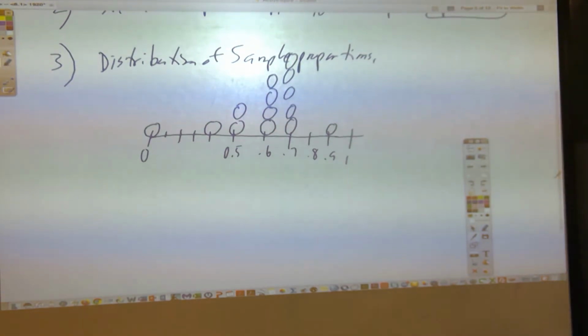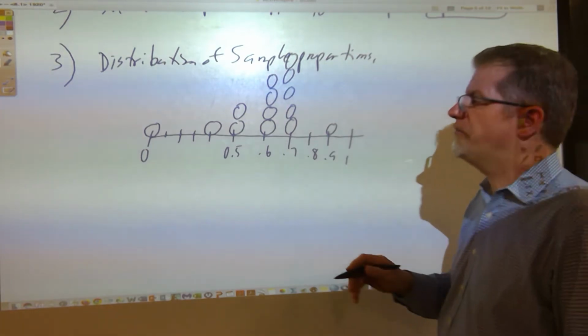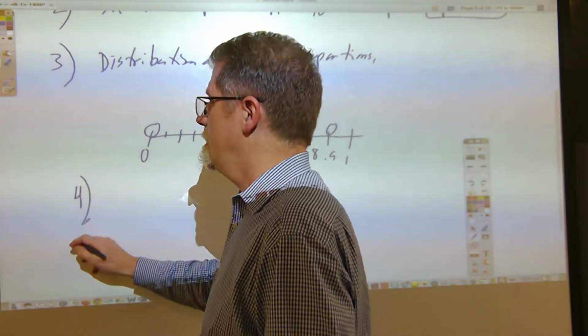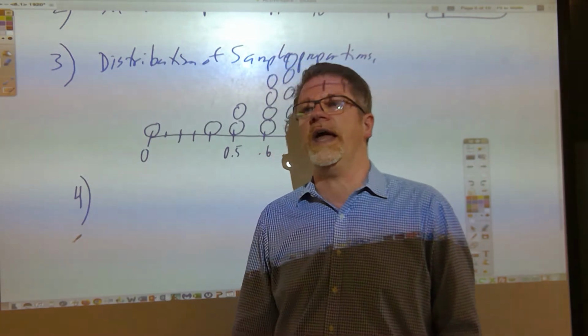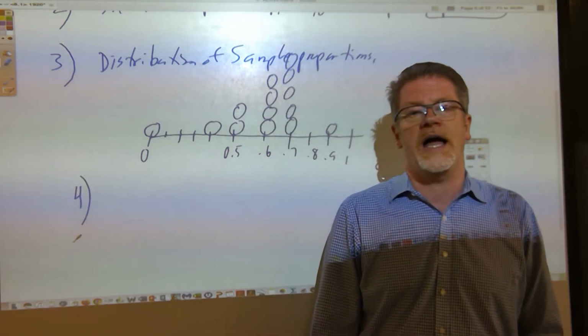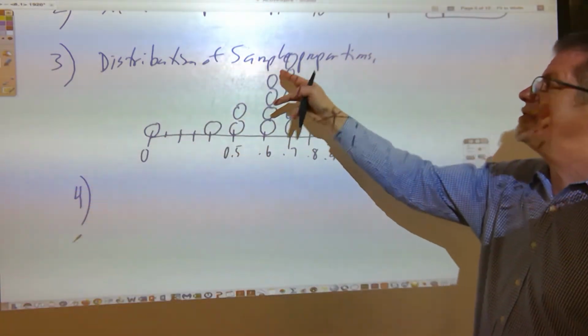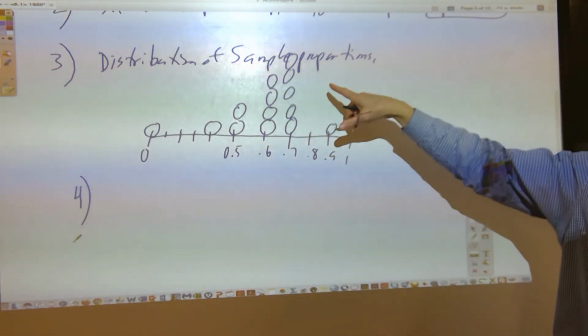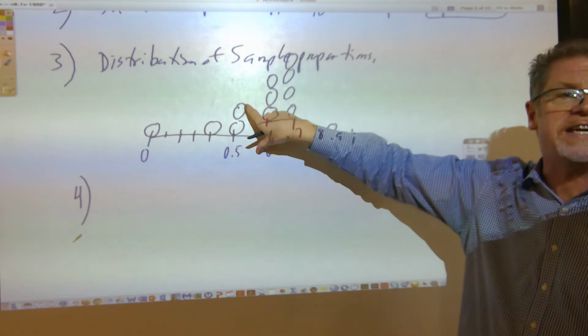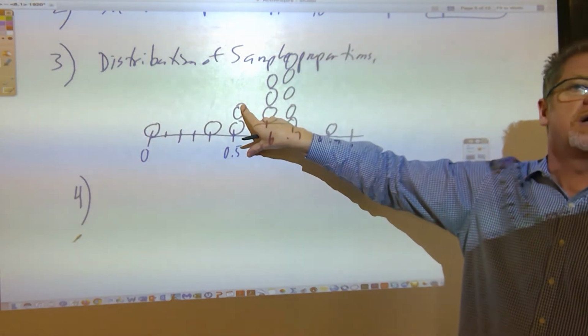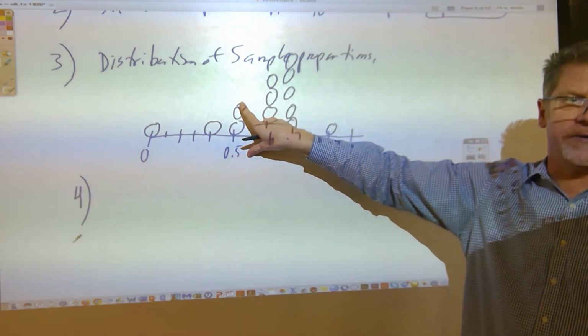So now, the fourth layer. Here's where we add the ING. We're going to move from a distribution of sample proportions, which is always a finite number of table tennis balls.